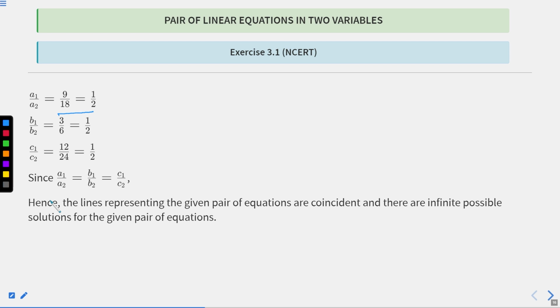And the ratio c1 by c2 is equal to 12 by 24, which is also 1 by 2. So since a1 by a2 is equal to b1 by b2 is equal to c1 by c2, the lines representing the given pair of equations are coincident, and there are infinitely many solutions for the given pair of linear equations.